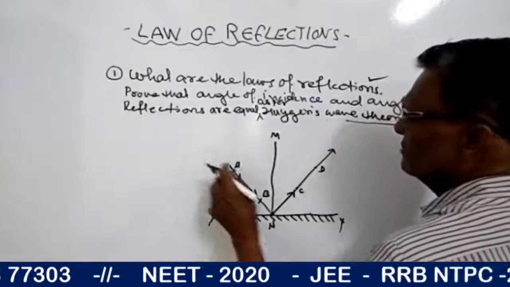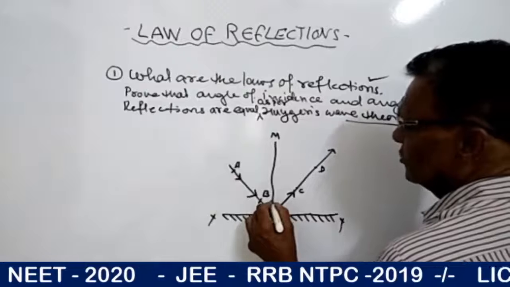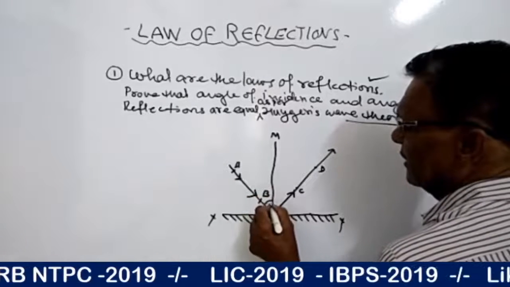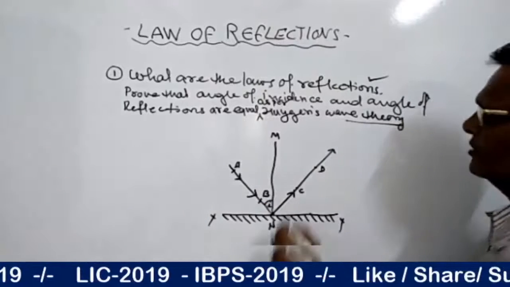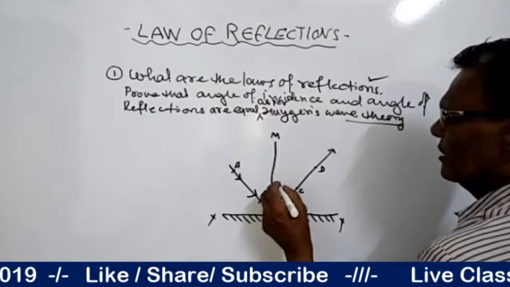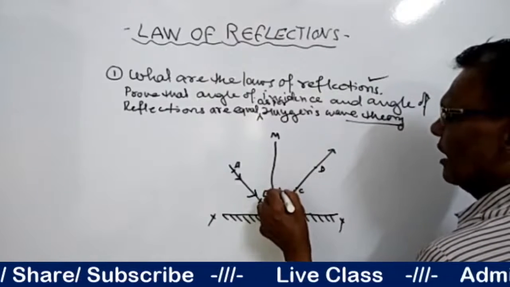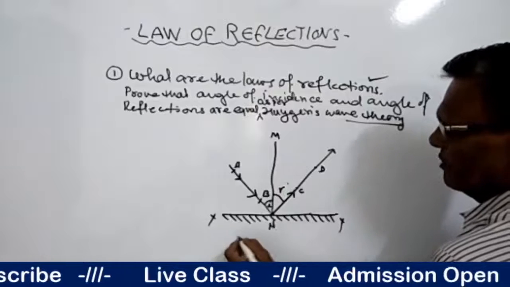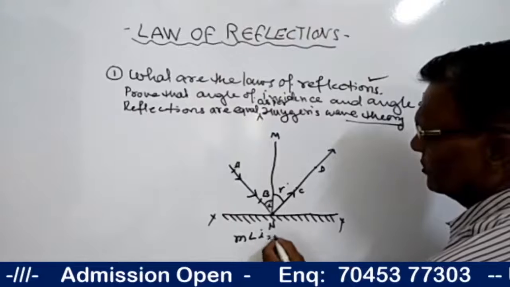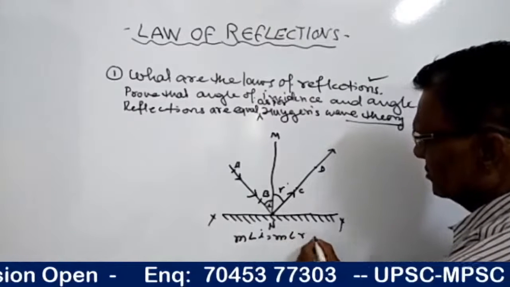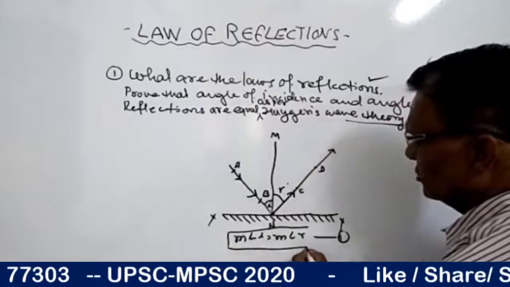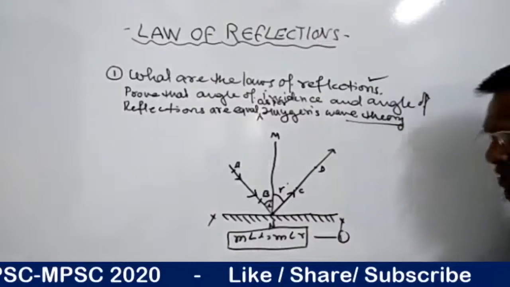The angle between incident ray and normal is known as angle of incidence, that is angle I. And the angle between normal and reflected ray is known as angle of reflection, that is R. So measure of angle I equal to measure of angle R. This is your first law which we have to prove in this question as per wave theory.